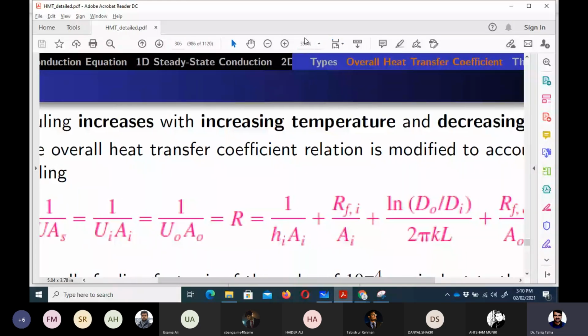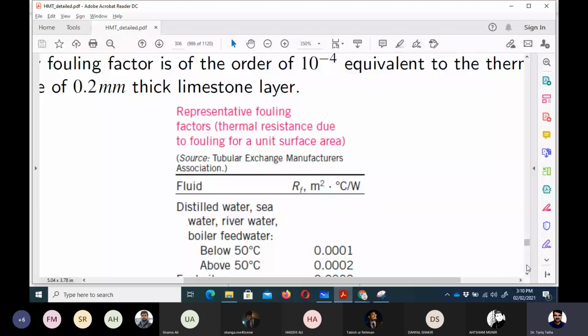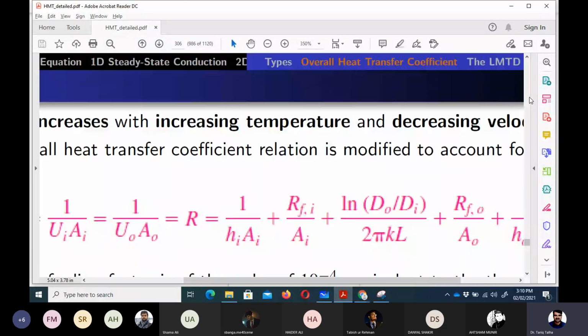This equation we have already discussed, that we have included RFI plus RFO divided by the area, and here you can see the unit is meter square Kelvin per watt. So usually the unit of resistance is Kelvin or centigrade per watt. So that's why we have to divide it by area in the calculation of total resistance.